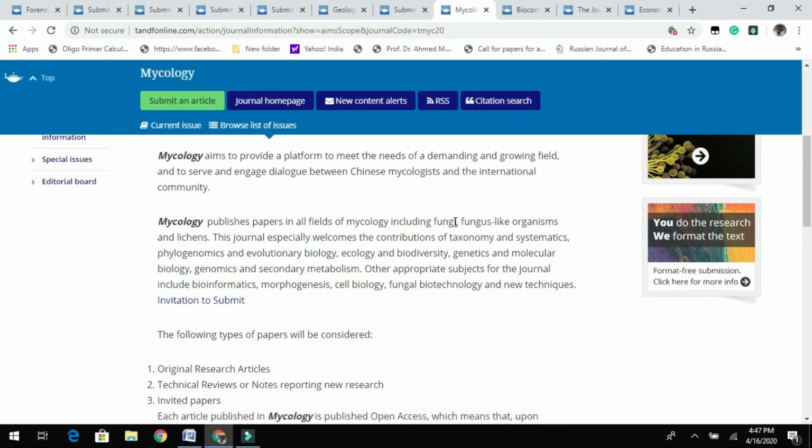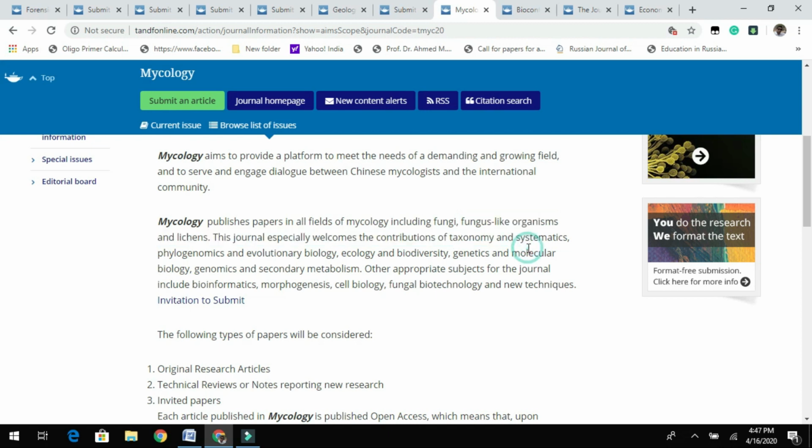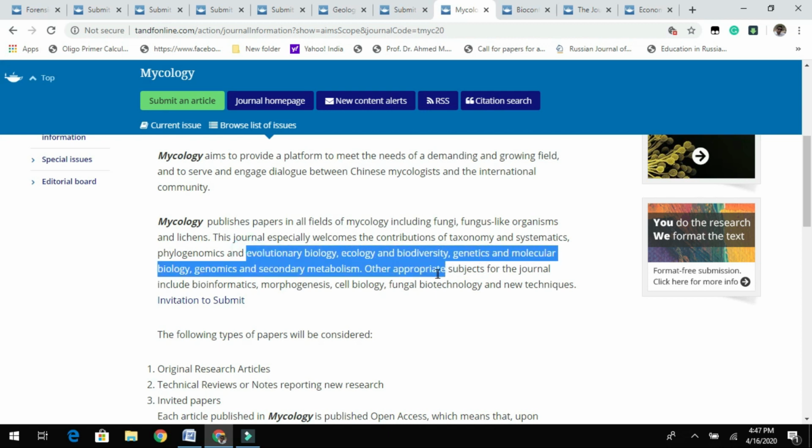It welcomes research related to fungus-like organisms and lichens, and they are interested in evolutionary biology, ecology, biodiversity, genetics, molecular biology, genomics, and secondary metabolism related to fungi.